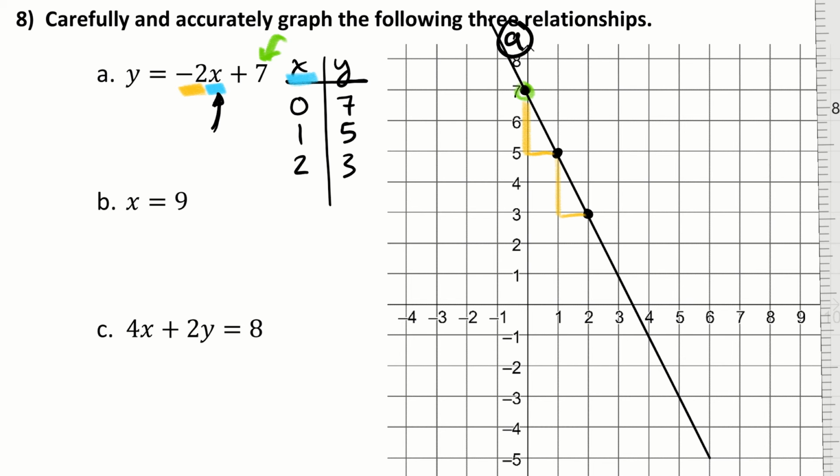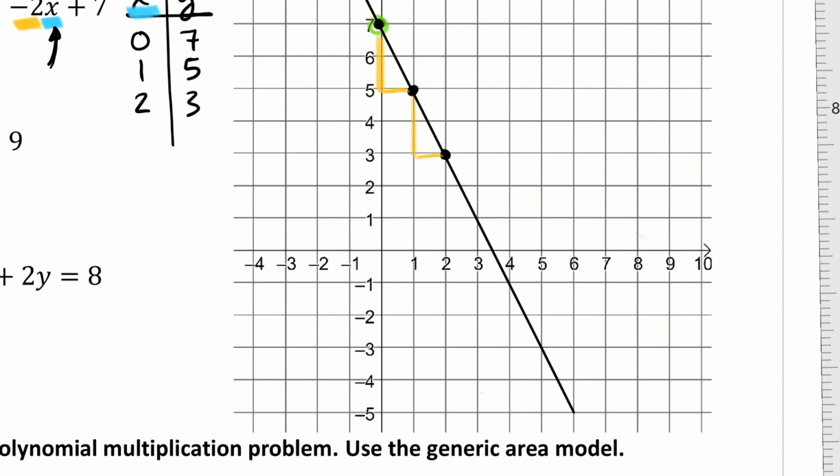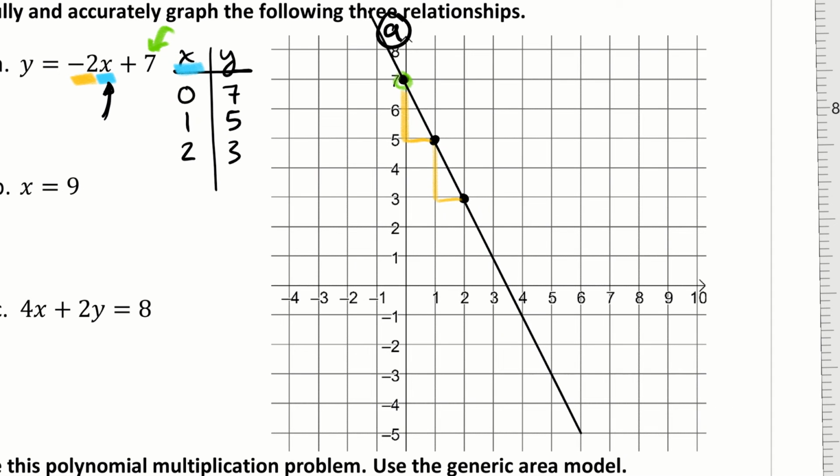The next one says graph the function x equals 9. Looking at this, we can see clearly this is a spot where x equals 9. And it's also true that y is 0 at that point.